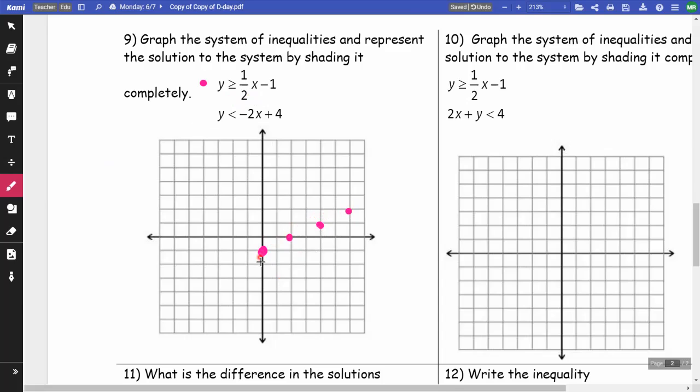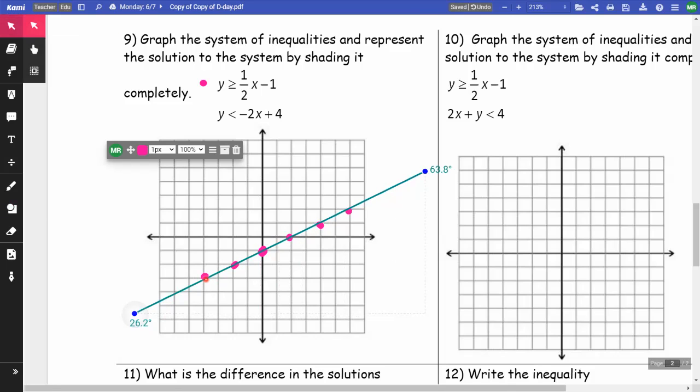And then backwards, I can go down 1, left 2, and so on. And this one is going to be a solid line. So there's that line. Just a little bit off. There you go. And put my arrows.